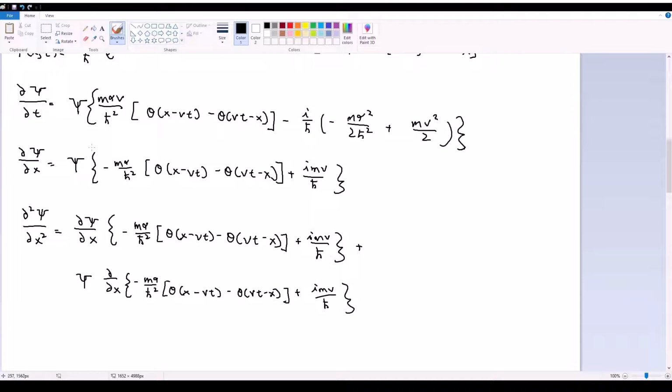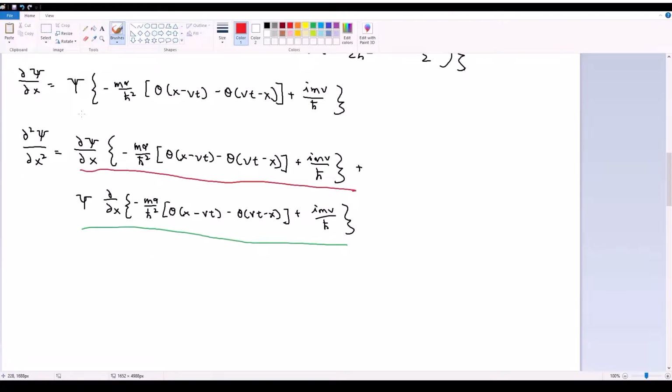So let's take this step by step and separate these into two expressions. I'm going to do the first one in red and the second one in green. For the red expression, we already have d psi by dx.